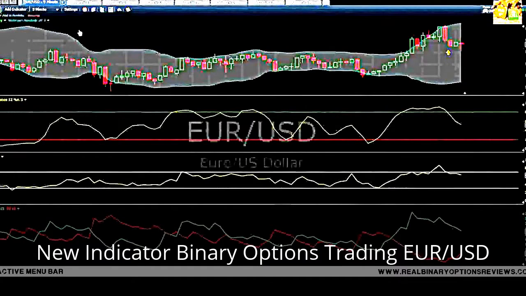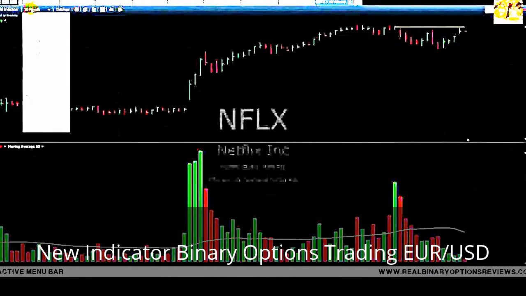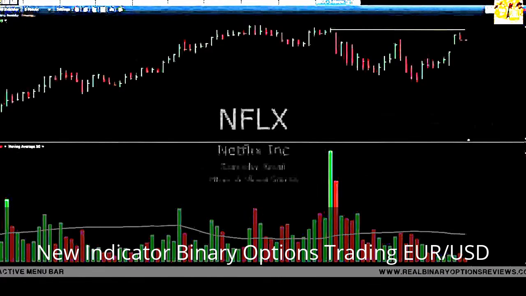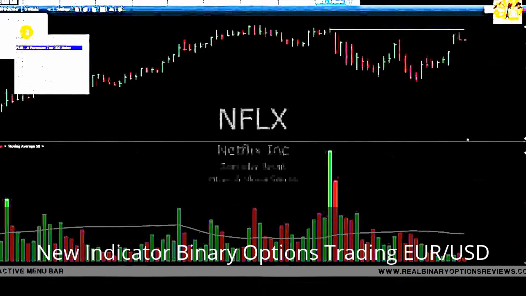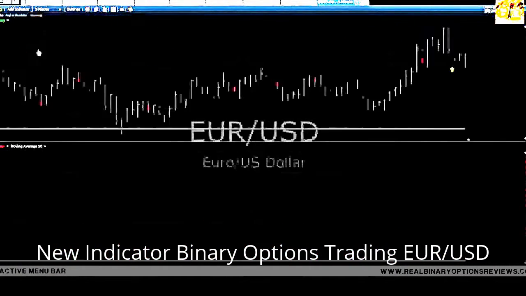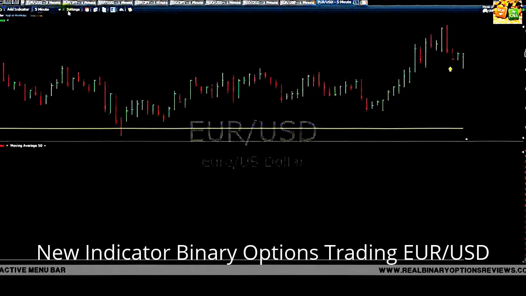Now here we have the euro-dollar chart open, but I'm going to open a new euro-dollar chart. Here I want to have an empty chart, and let's say I'm going to open a 5-minute chart. And here I'm going to change it to the euro-dollar. And I'm going to change the display of the chart.